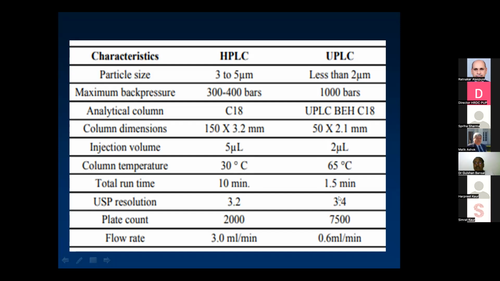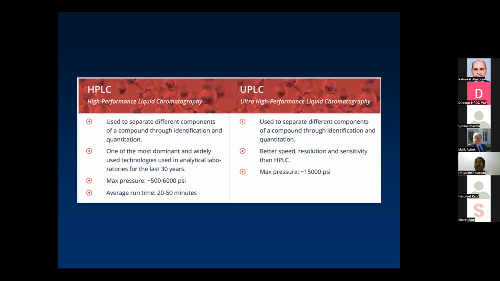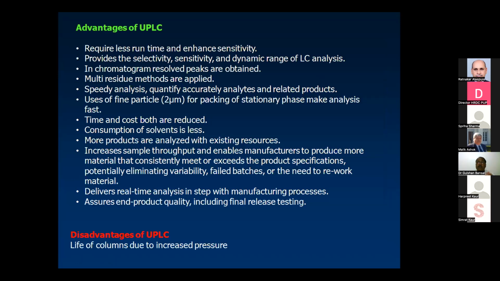A 30 times decrease in solvent consumption. So that is adding to the contribution towards environment safety. These solvents are usually discarded, right? Although in an environment friendly way, but the environmental waste created is very less. 30 times less waste is created with the UPLC.